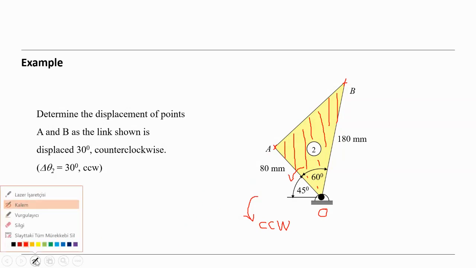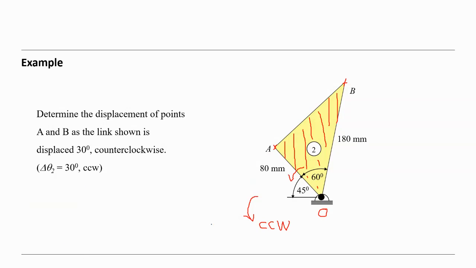And then let's have another color, blue one. So the new position of A must be on a circle around O regarding A. So it must be a circle.